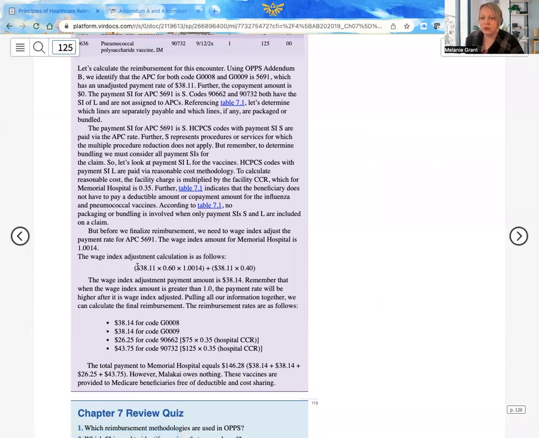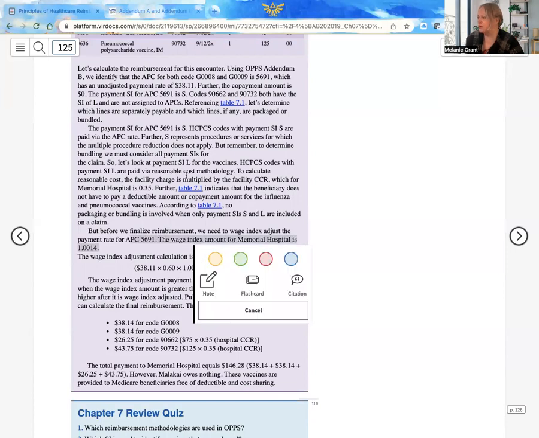So the first thing we do is we look at each of the codes that were listed and calculate them individually. 38.11 times 60% at 1.0014, and 38.11 at 40%. That 1.0014 is determined based off of the APC value wage index for 5691.